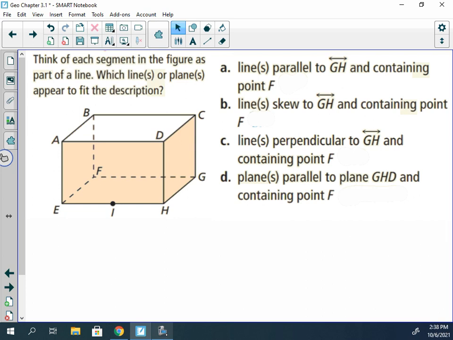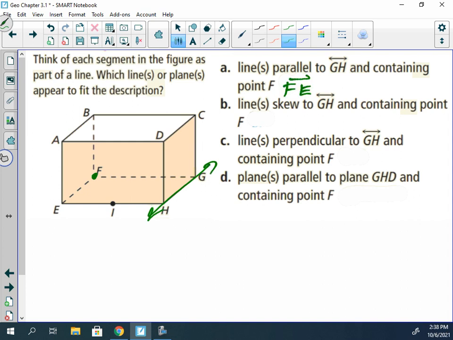So let's look at these here. Lines parallel to GH and through point F. So it would be a line parallel to GH and goes through point F. Yes. Because we're talking about two lines that are parallel.